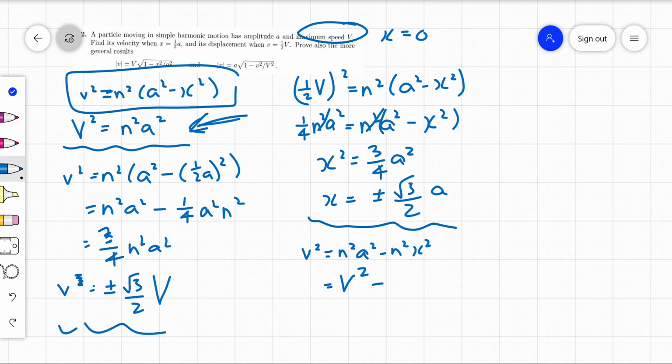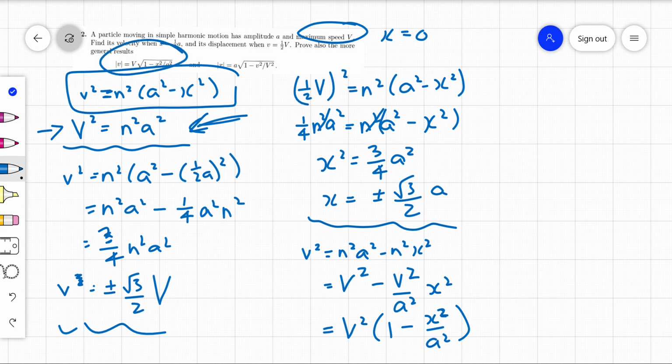Rearranging, n squared is V squared on a squared, so I'll put that in here. Then let's factorize by capital V squared, and you get the one we're looking for, almost. We just need to square root.